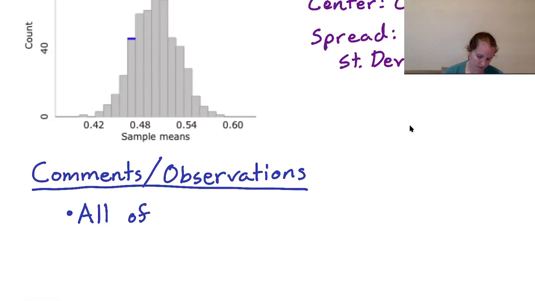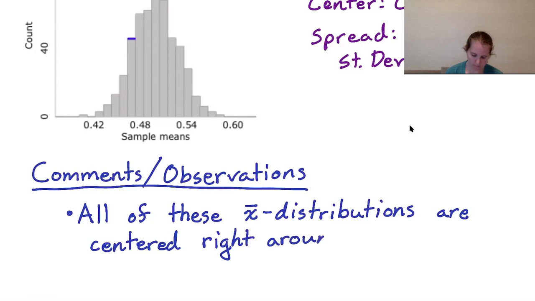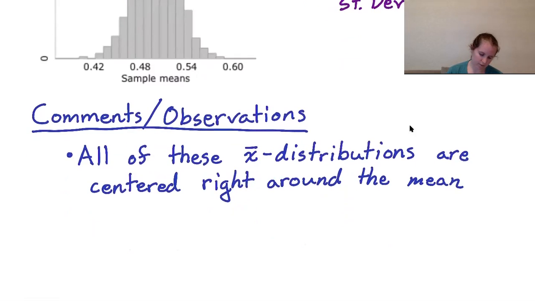So all of these X-bar distributions are centered right around the mean of the population.